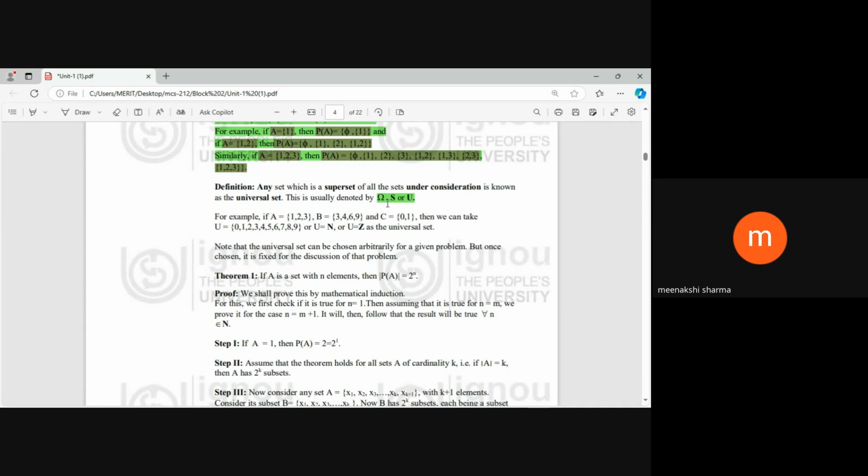This is an example and symbol of universal set. Students, read this one, then I will explain. Read the pink one.